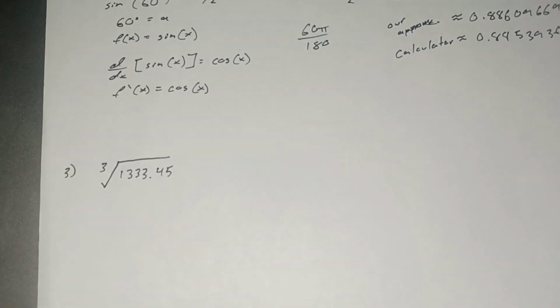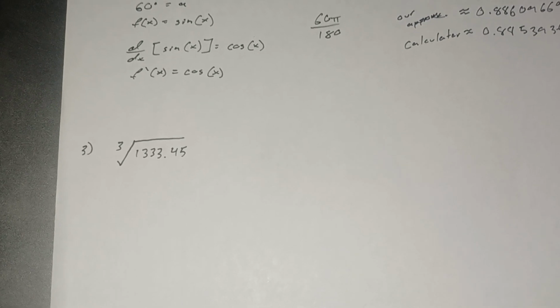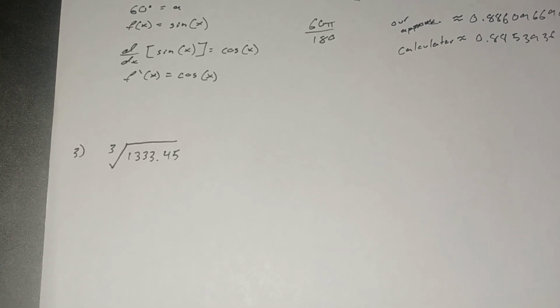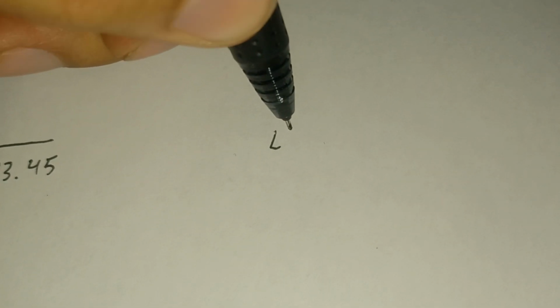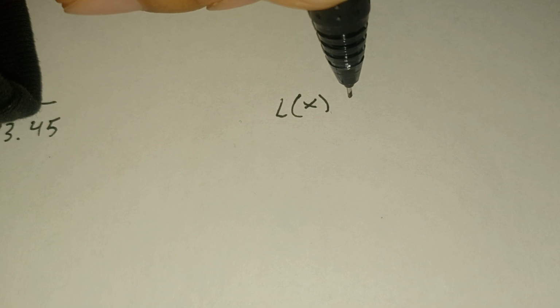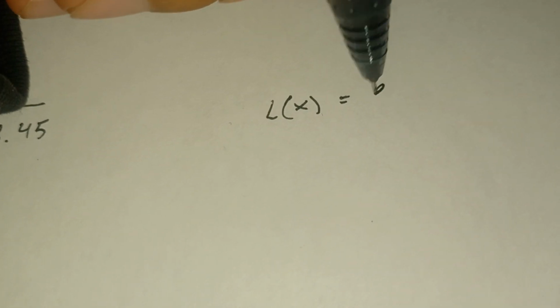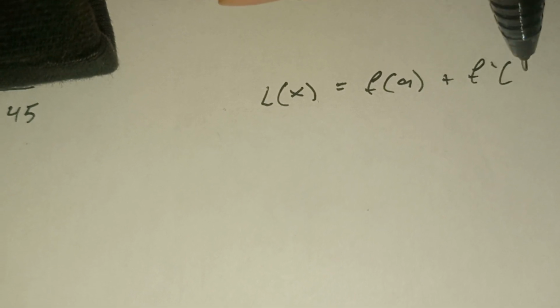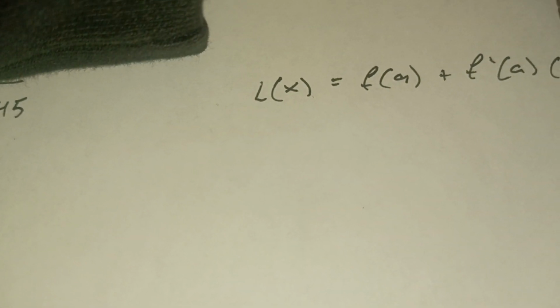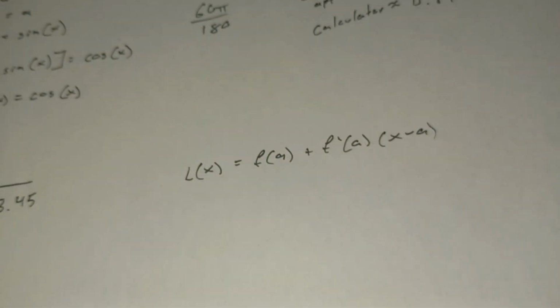The cube root of 1333.45. Let's go ahead and do that. Again, our linear approximation, L of x, is equal to f of a plus f prime of a times a change in x, aka x minus a.